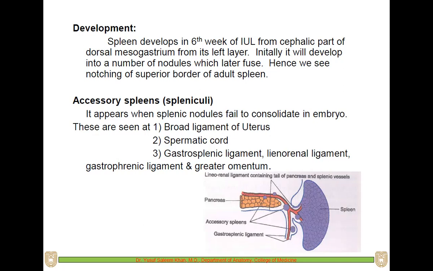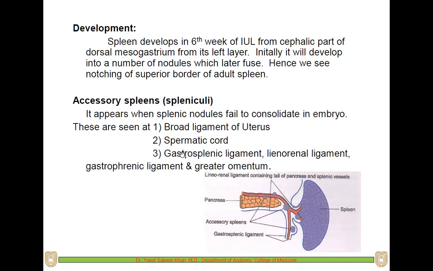Researchers have found cases where the accessory spleen is present in the broad ligament of the uterus. Sometimes it is also seen in the spermatic cord in case of males. They have traced some spleniculi, or accessory spleens, there.